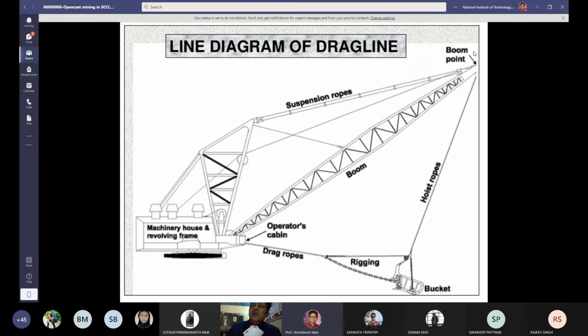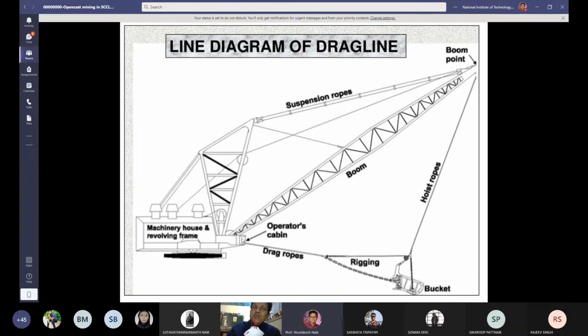From the boom point, the bucket is suspended by the hoist ropes, and for rigging purposes, rigging cables and rigging chains are attached to the bucket, and the operator sits here, in the operator's cabin.